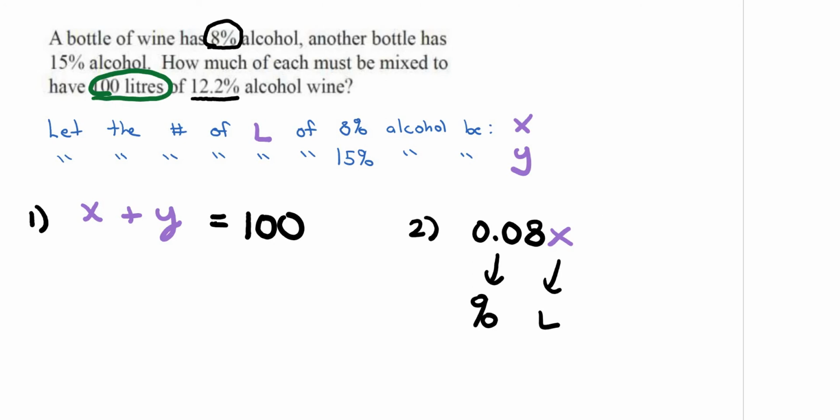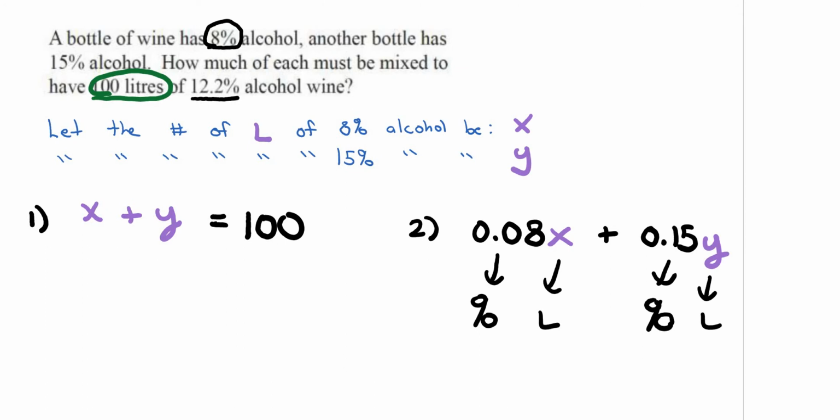If you have 10 liters of this 8% alcohol, that gives you the concentration of the total amount of 8% alcohol in there. And then I add that to the 15% alcohol, which is 0.15, times Y.